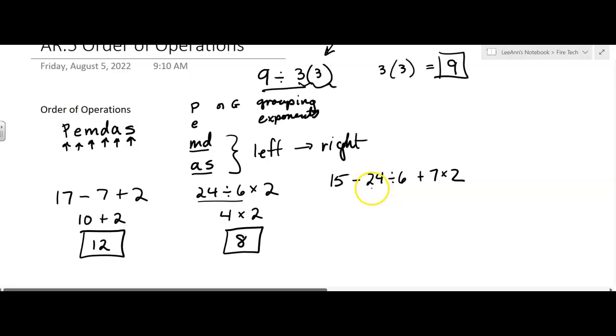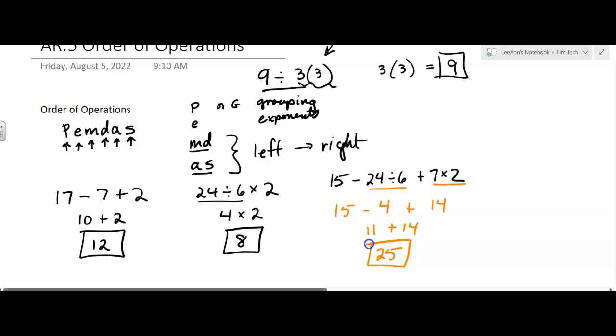So we're going to do this division right here first. 24 divided by 6 is 4, and then I can also do this multiplication. It's not going to bother that 4 any. So 7 times 2 is going to be 14. Now I can do the adding and subtracting from left to right. So 15 minus 4 is 11, plus the 14, and I'm going to get 25.